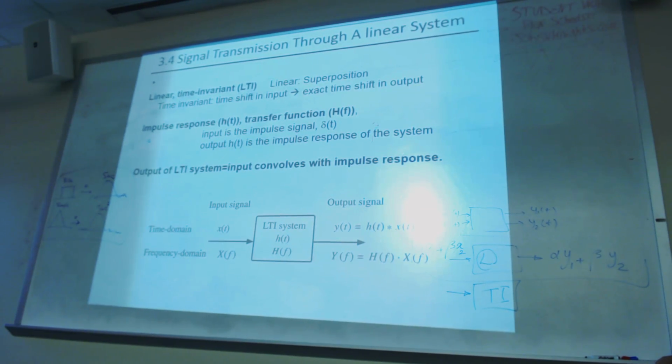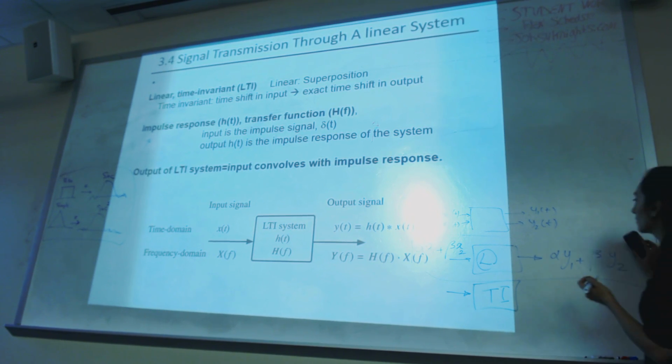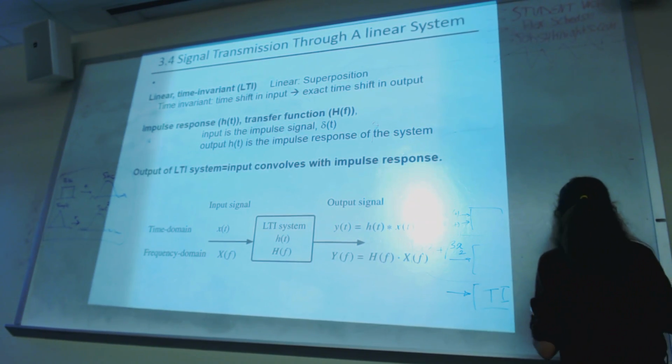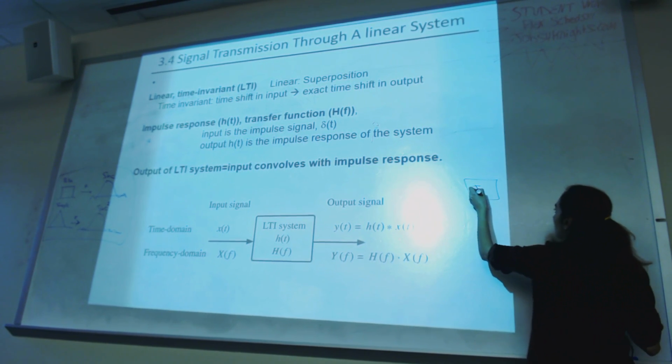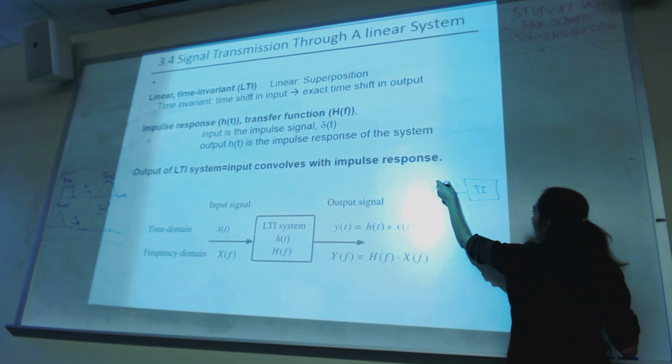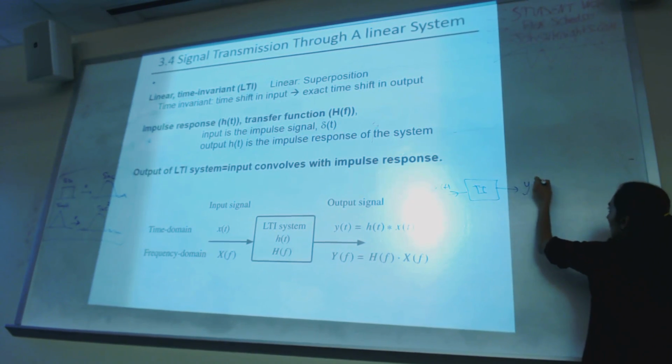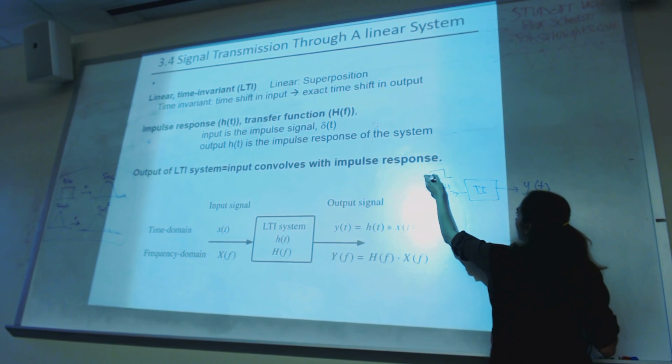Is it that you get the same result with t replaced by t plus tau? Yeah, it has to be shifted. If you shift the input signal, you get a shifted output. So if I have x of t, then I get y of t, starting from 0.